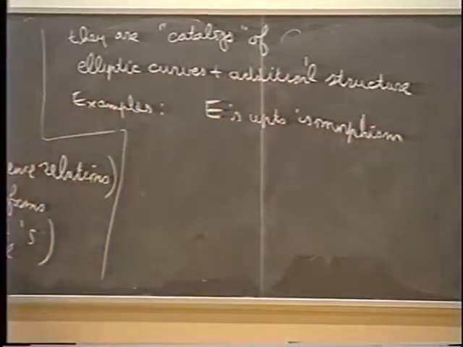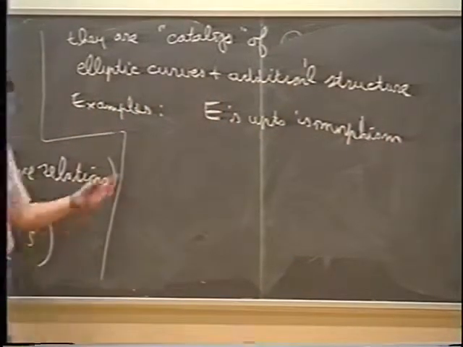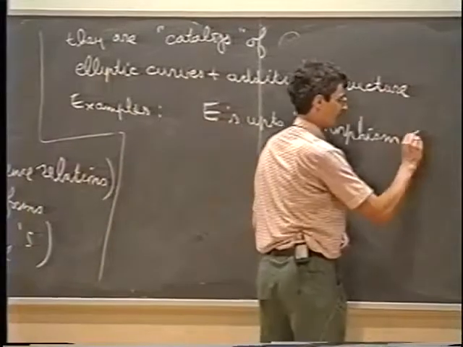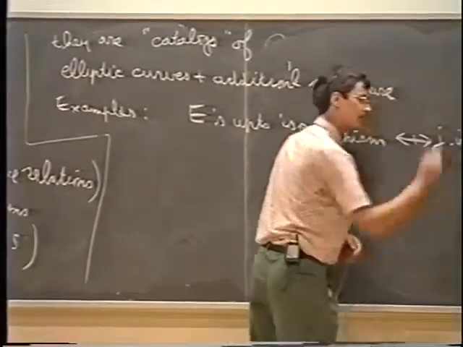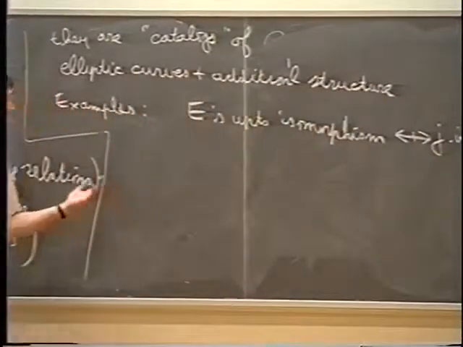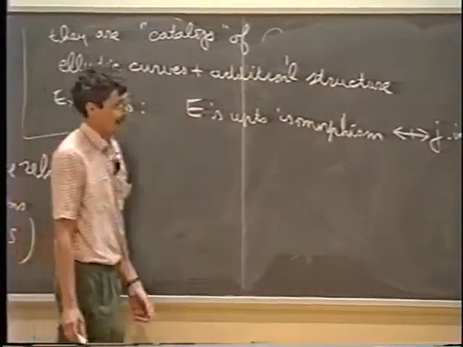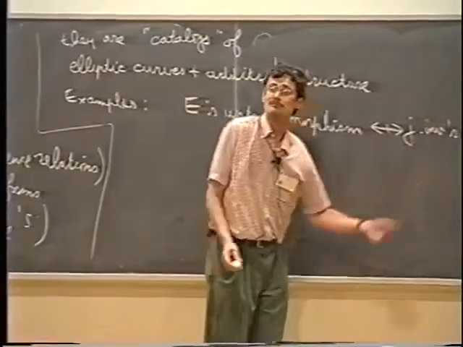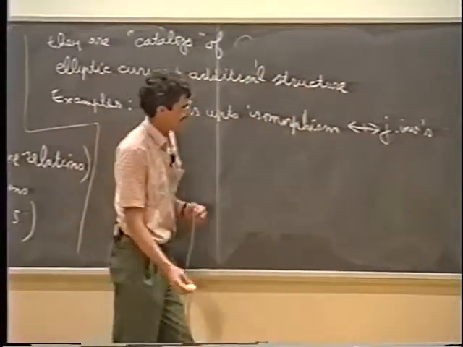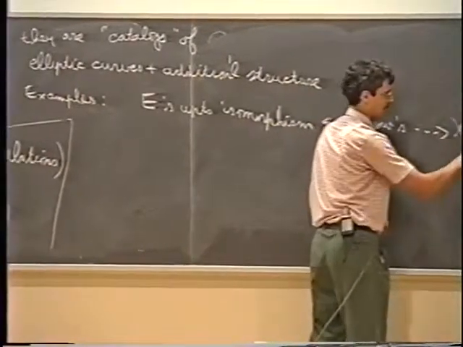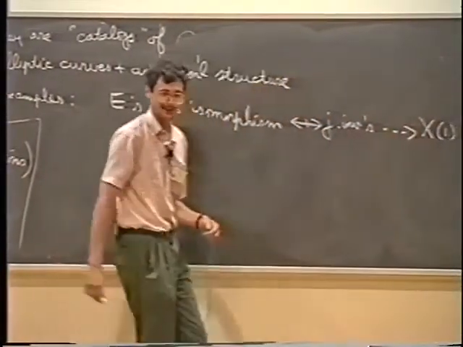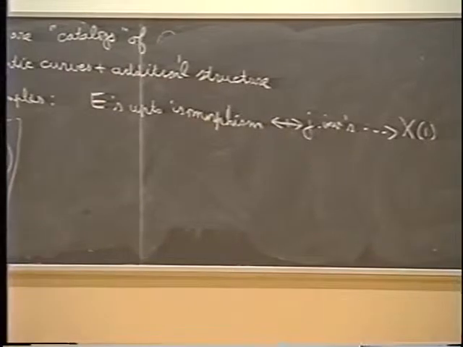And as we have seen in, for instance, Joe's talk, these things are simply described by their J invariant. And if you want, you can see the J invariant as an affine line. This will lead in the end to a modular curve which you may call X1 or X01 or X11 or whatever you want.